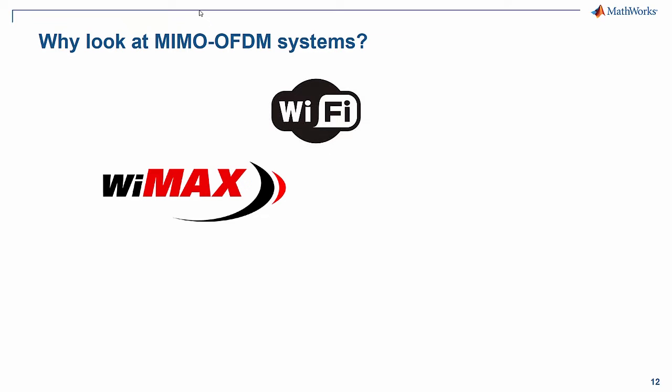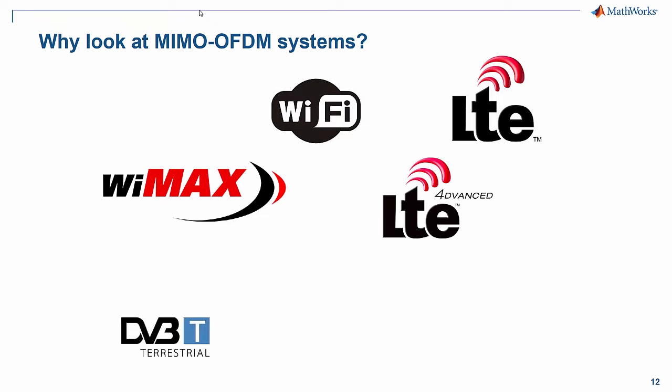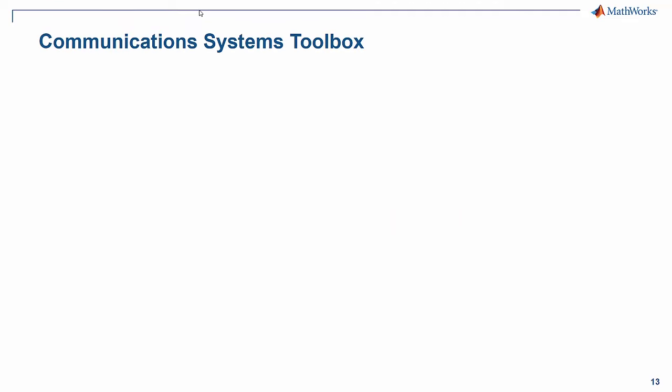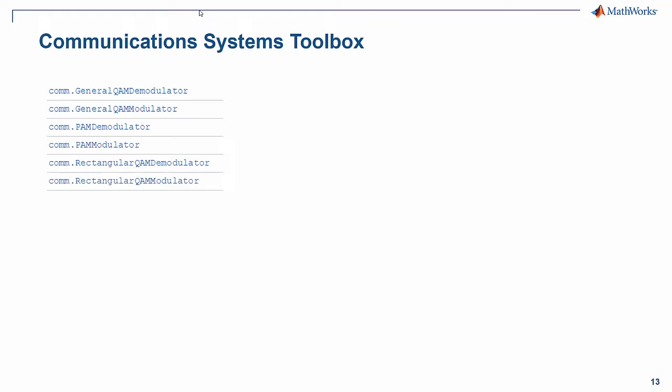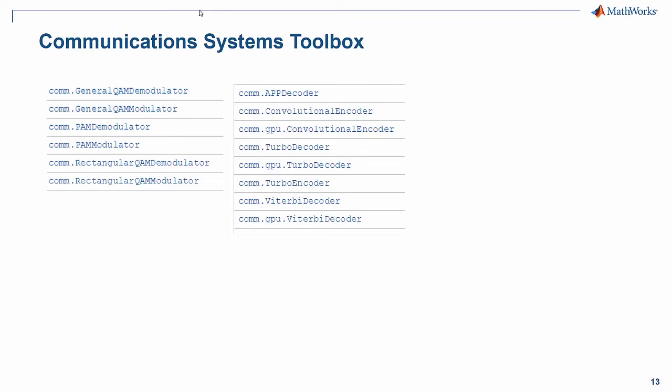The reason is that lots of wireless communication technology make use of OFDM or a variation of it. Okay, now how is this possible? Now the Communication System Toolbox has lots of functionalities which are catered for modulation and demodulation techniques, for encoding and decoding techniques like convolutional encoder, Viterbi decoder.